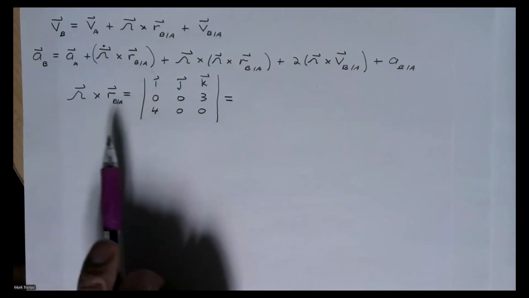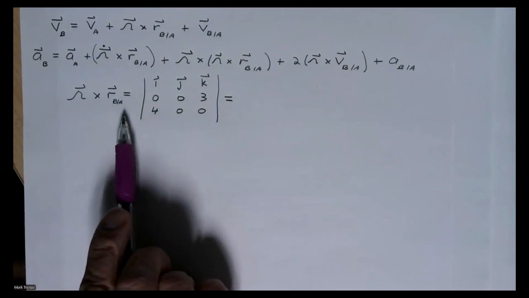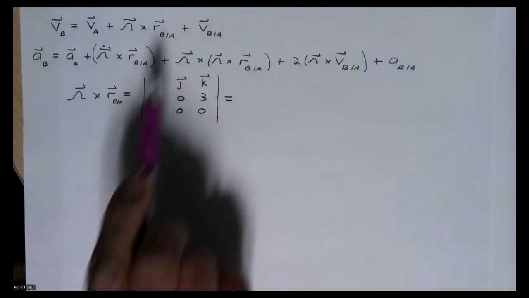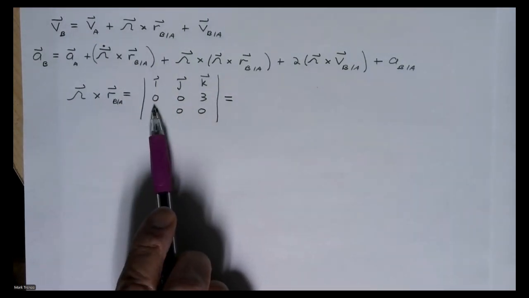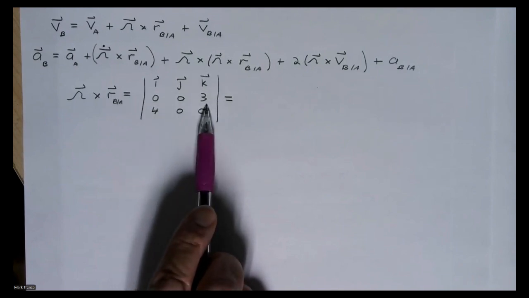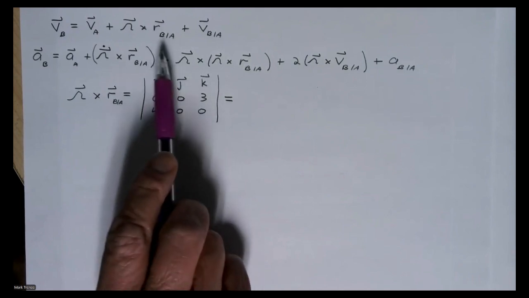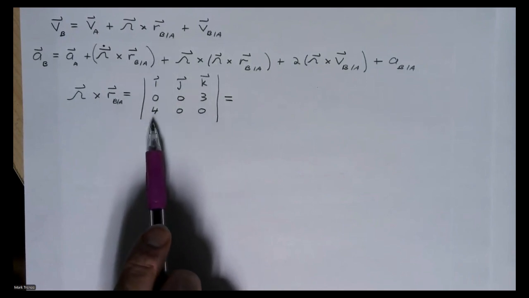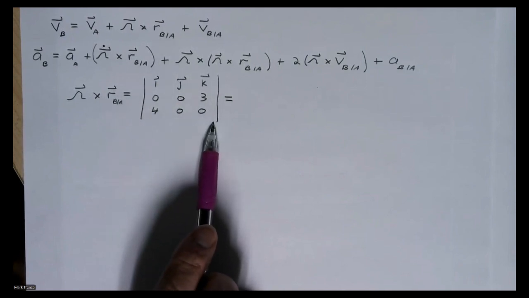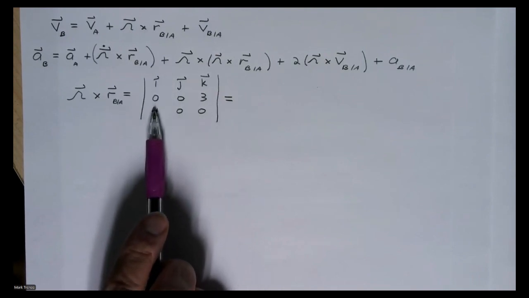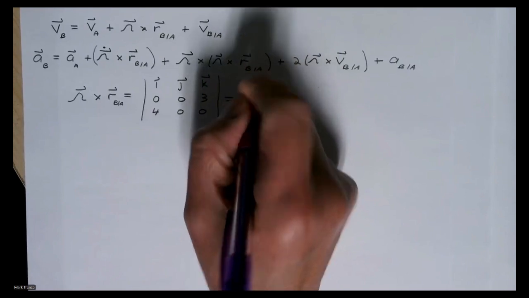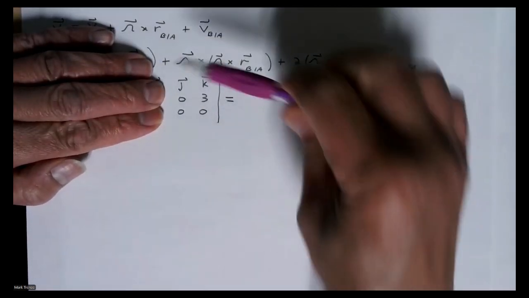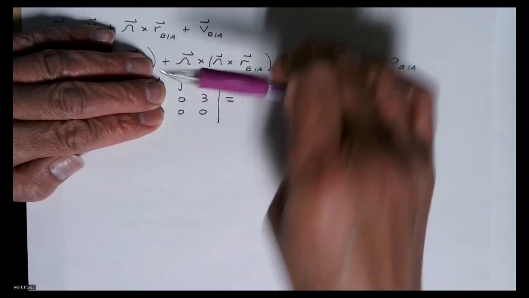So again, this is omega cross RBA, which is this up here. And that, remember, omega was 3K, which is 0, 0, 3. And RBA was 4I, 4, 0, 0. And if we do the cross product, you can see the I term is going to be 0. Again, remember, you cover this, and do that determinant.